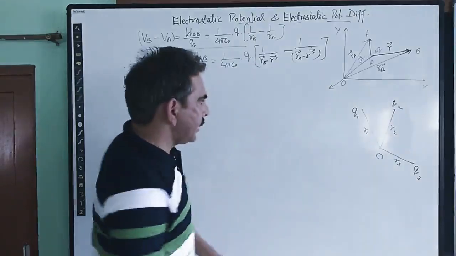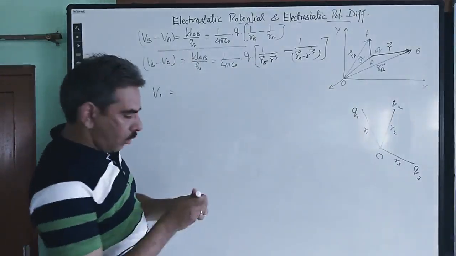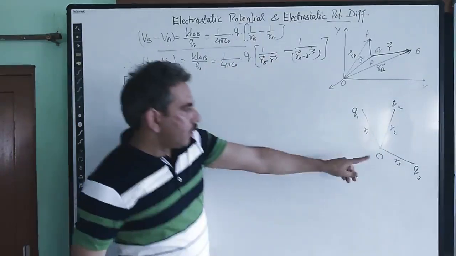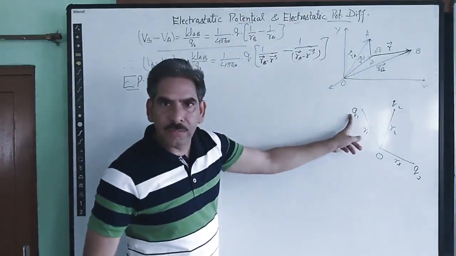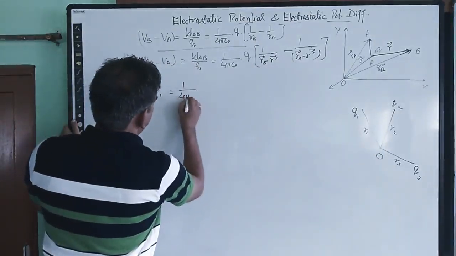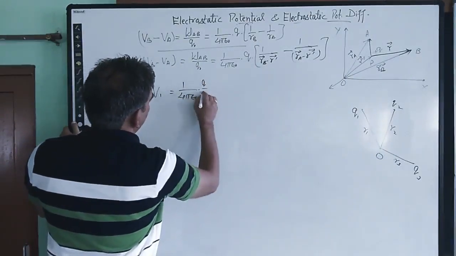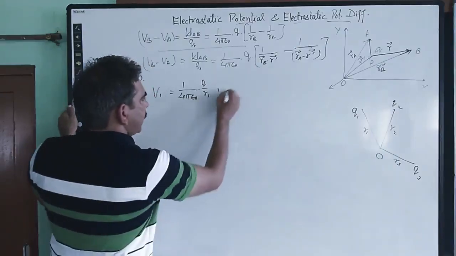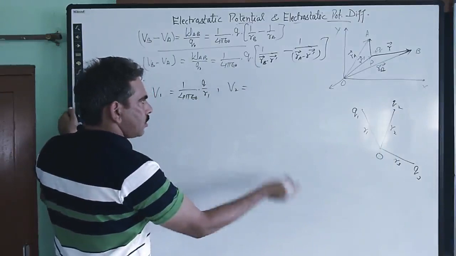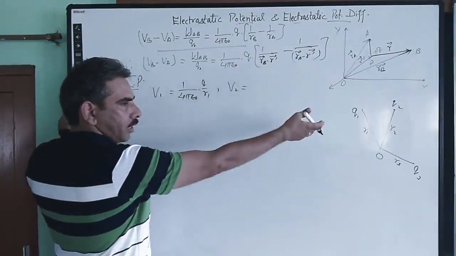So we can simply write the expression for V1, which is the electric potential, or we can say amount of work done on unit charge in taking the charge from infinity to position O against the electric field of the charge Q1. So we write it as 1 upon 4 pi epsilon naught into Q1 upon R1. Similarly, we can write V2, because this point O is also in the electric field of charge Q2.